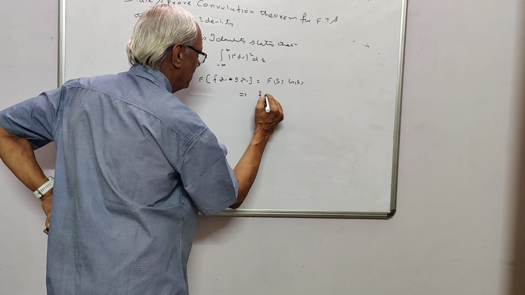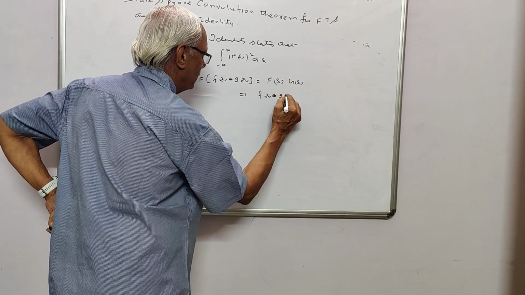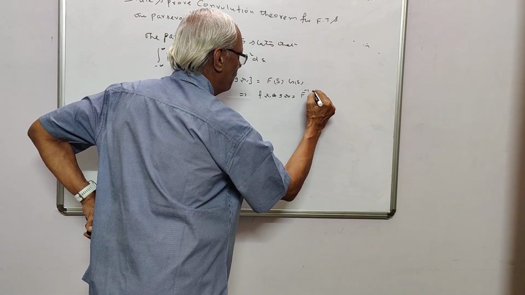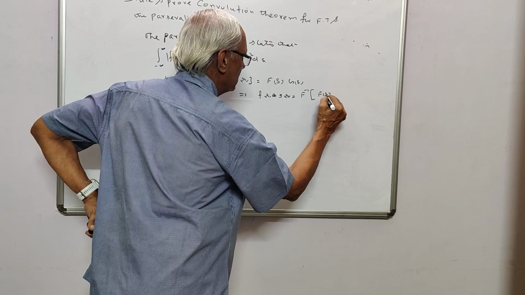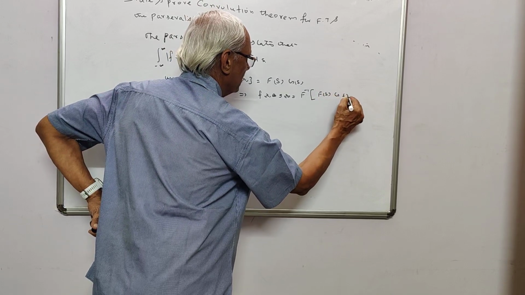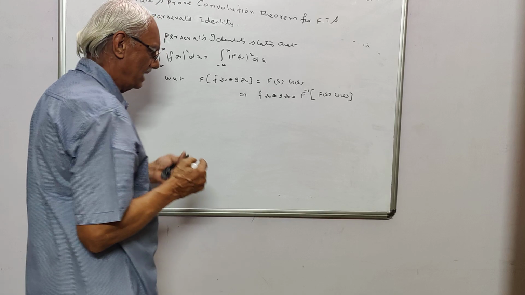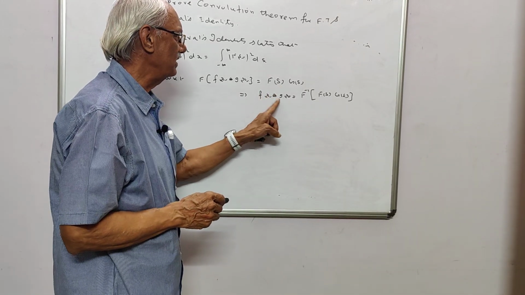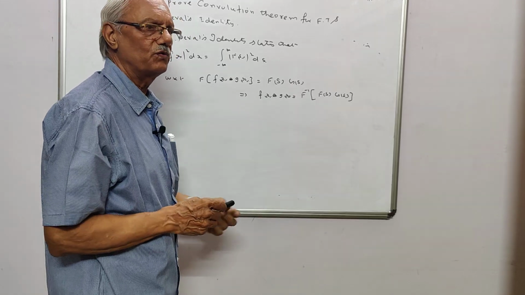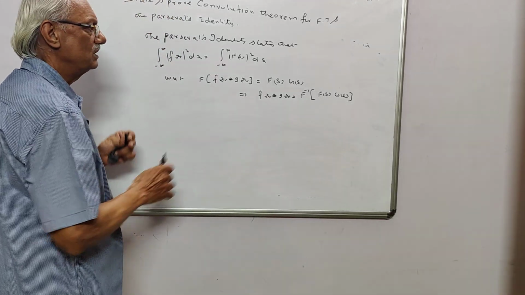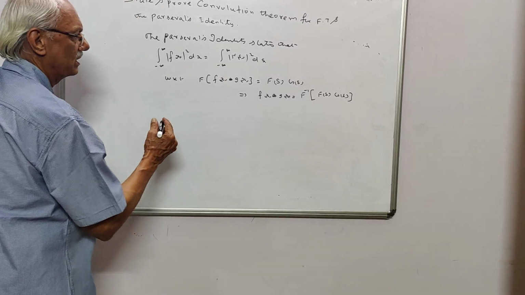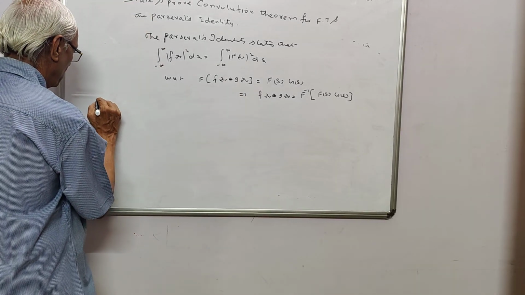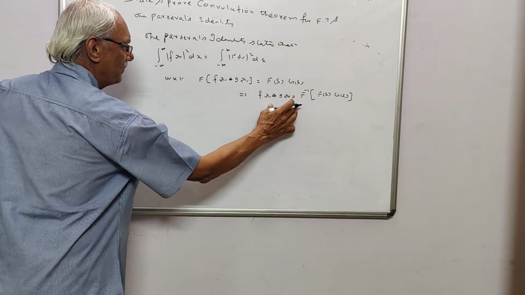This implies that f of x convolution g of x is equal to the inverse Fourier transform of F of s into G of s. So I am taking the inverse of this Fourier transform, which will be nothing but the convolution of the two functions. Now what I will do here is, what is the definition of this?